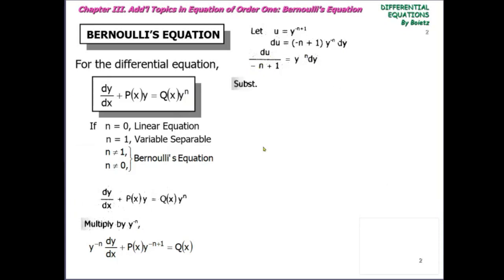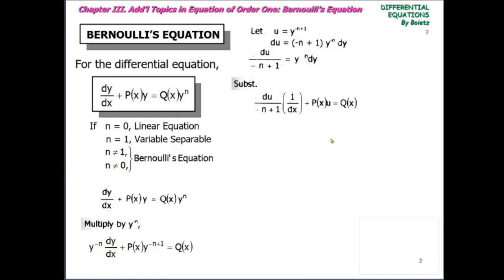So pag sinubstitute mo yan, itong y to the negative n dy is equal to du over negative n plus 1 over dx. Tapos itong isa na to is u.